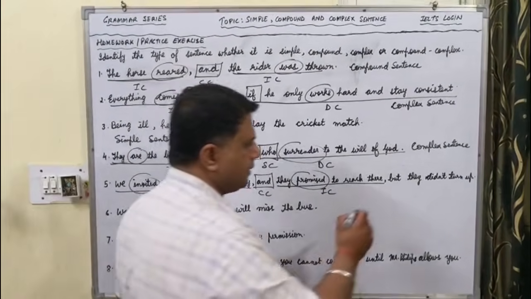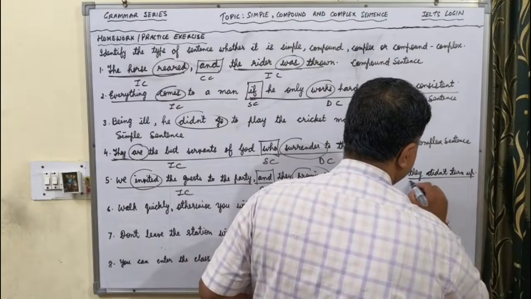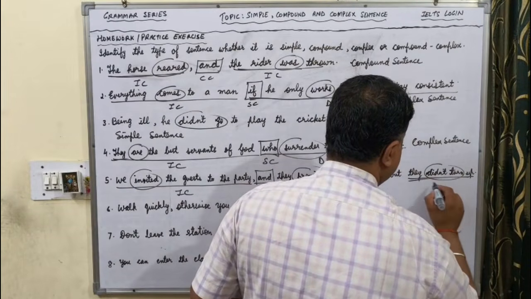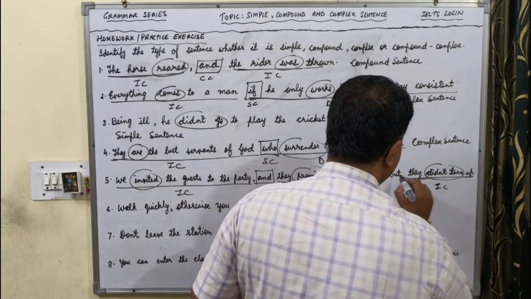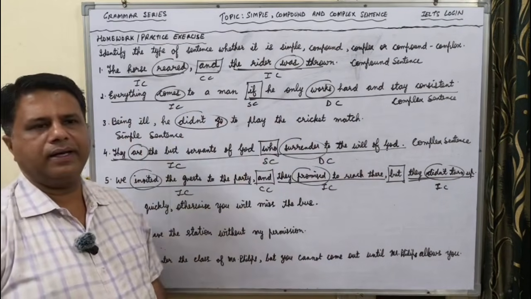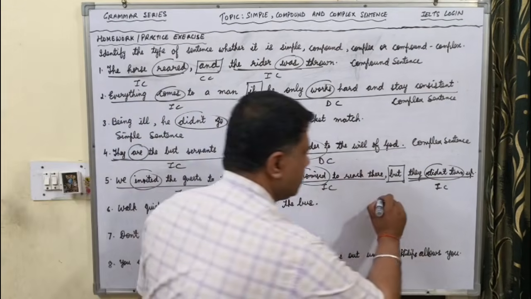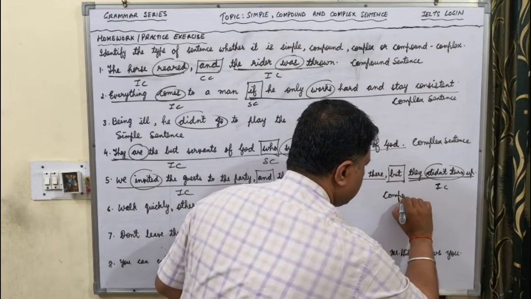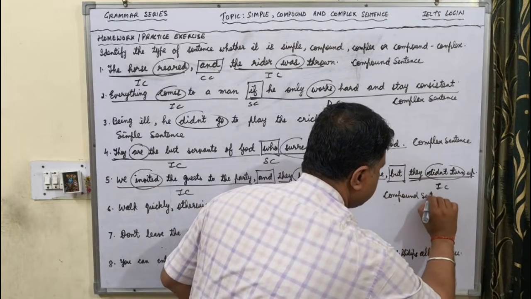Didn't turn up is again an independent clause. So two coordinating conjunctions are there, and this is an example of a compound sentence.